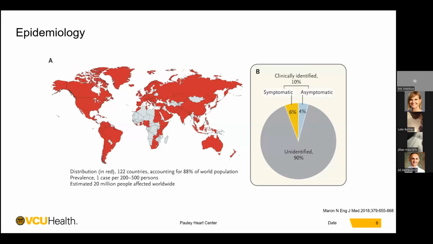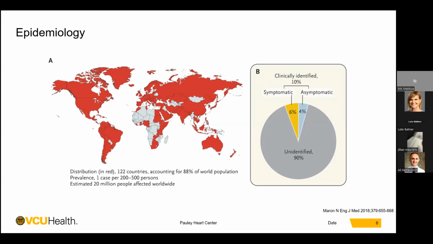The distribution of hypertrophic cardiomyopathy is worldwide, represented here in this picture from a review done by Maron and family. It's represented in all countries. It has been described in 122 countries, accounting for about 90% of the world population, with a prevalence of at least one in 500.